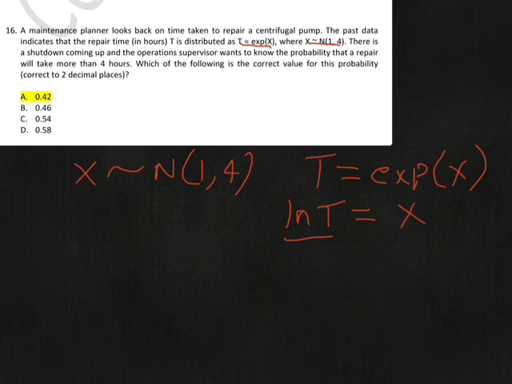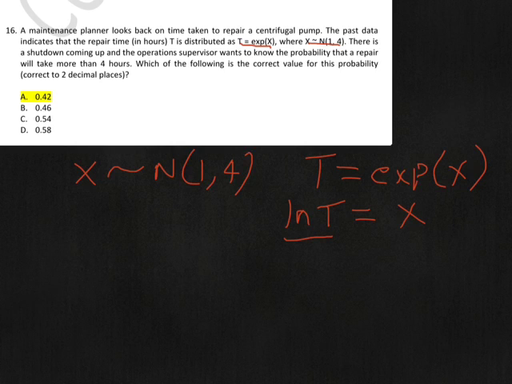So what does that mean? Well, we know that x is a normal distribution, and we know that ln T is equal to x. So we want to put something as easy as possible into our tables, and if you remember the calculation to work out just a normal z, it's pretty straightforward. All we need is the distance between the value given and the mean, divided by the square root of the variance, or the standard deviation.